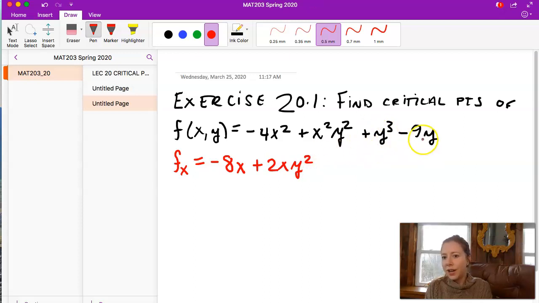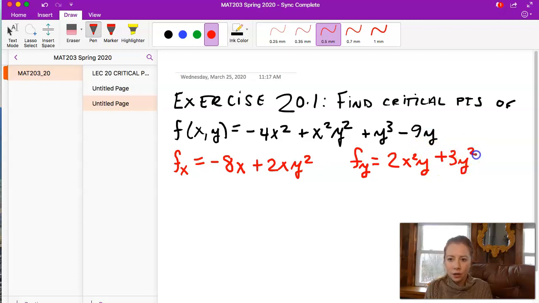And all the rest are just y, so it's treated as a constant, so we're okay there. And then with respect to y, we have 2x squared y plus 3y squared minus 9. Okay, so now we have our i hat and j hat components of the gradient.